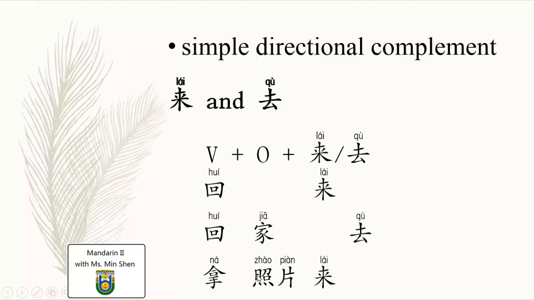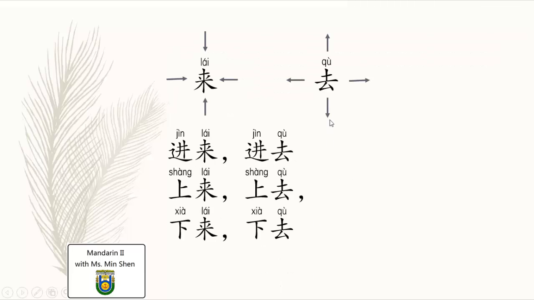So bring photo here, getting closer. In this case, 来 as the directional complement tells the direction is getting closer to the speaker. 去, the direction is getting further away, and we can use them after a verb or after a verbal phrase as the complement to indicate direction.